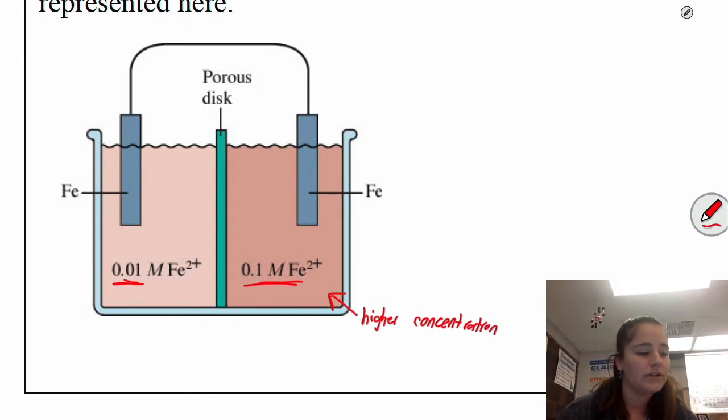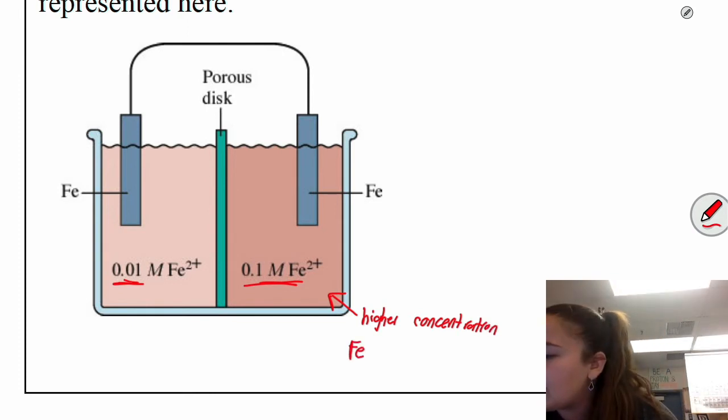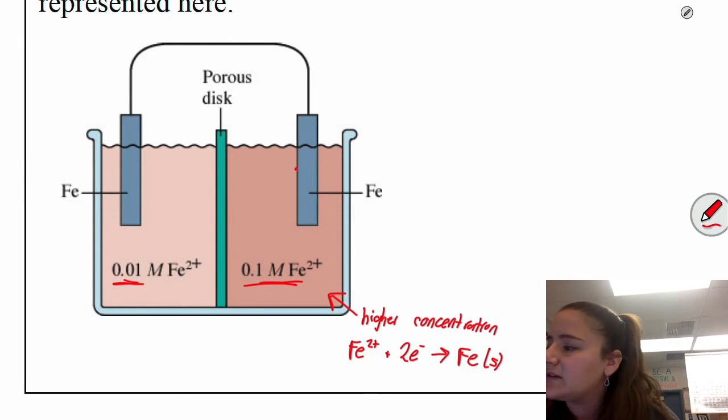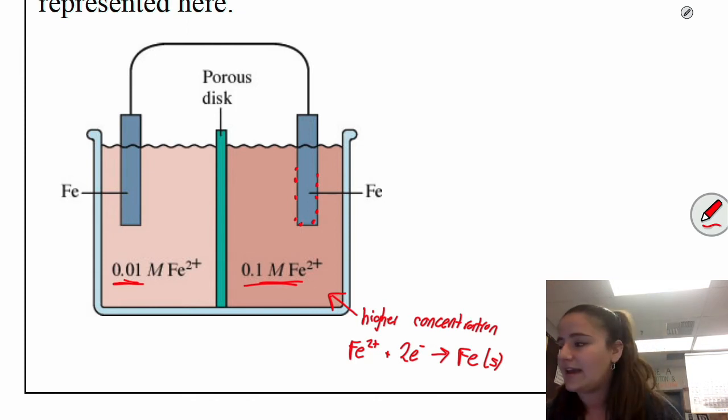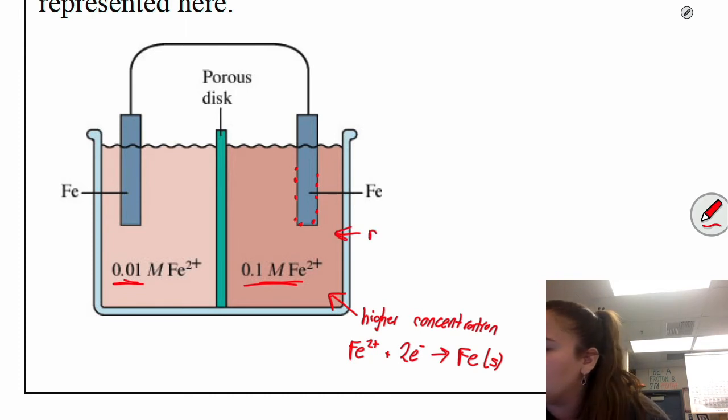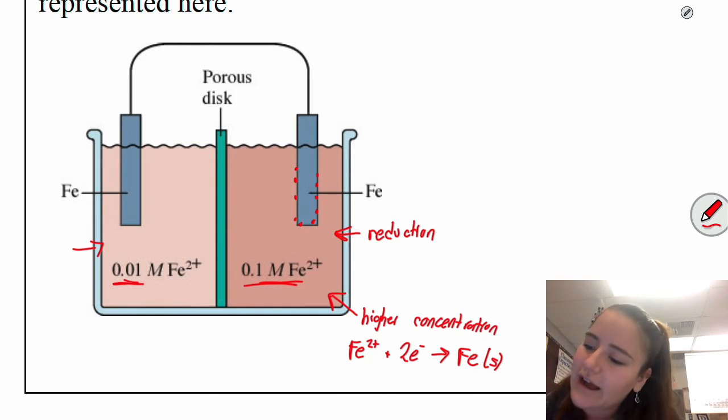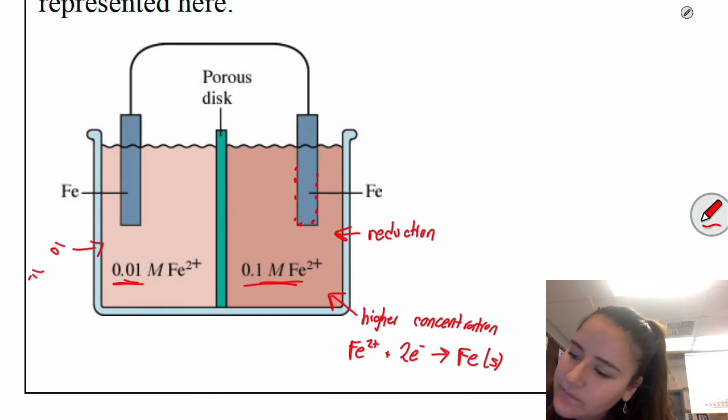So what it's going to want to do is take that Fe2+ and remove those ions from solution, adding it as iron solid, to try to equal out, okay? Things like to be equal. So, therefore, we know it's gaining electrons, OIL RIG, reduction. Okay, in this cell, we are going to have reduction, which means in this cell, we're going to have oxidation.